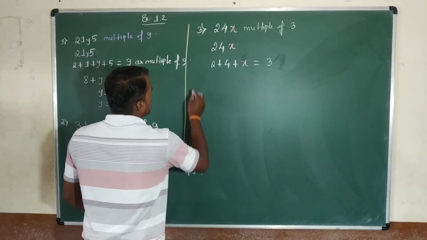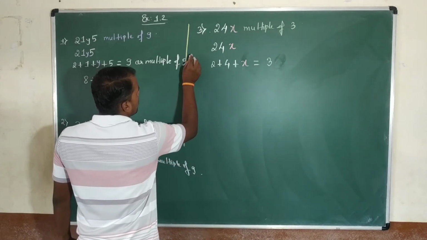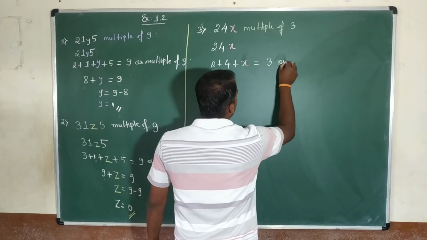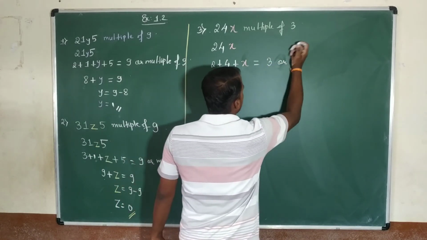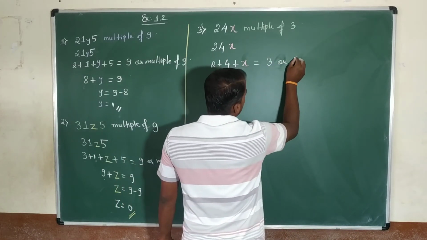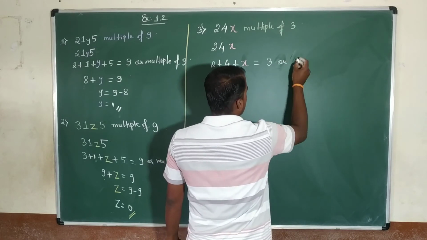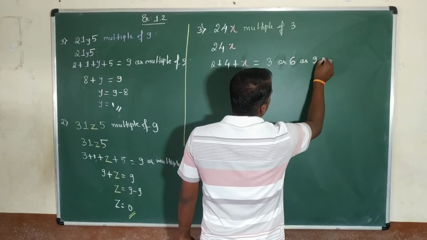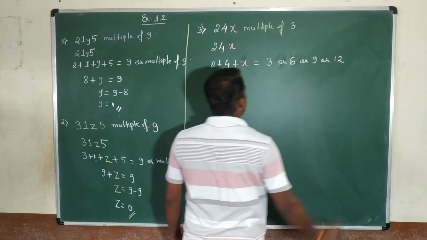If we take 3 or multiple of 3, means 6 or 9 or 12. Okay.